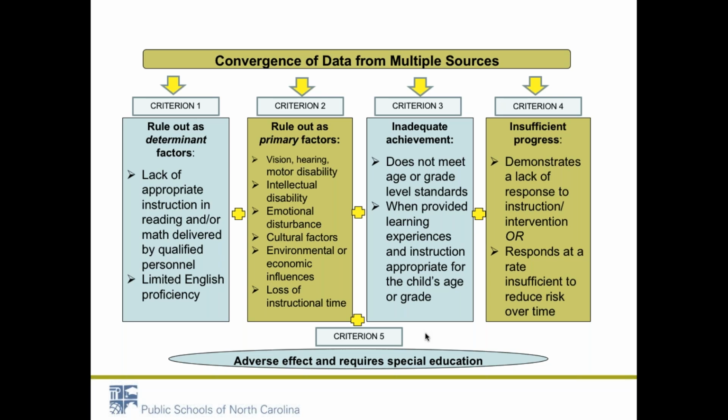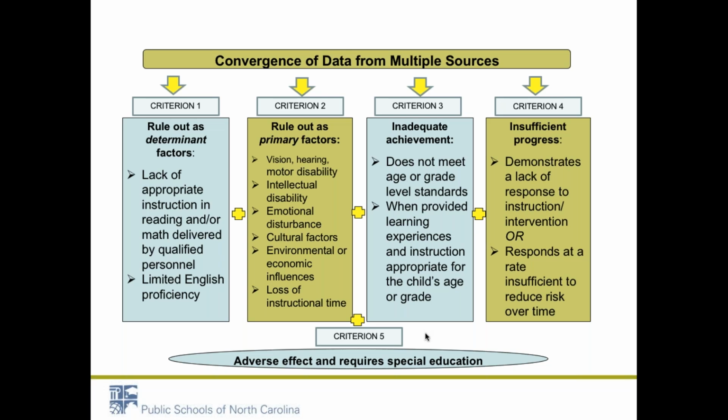The purpose of this criterion is to collect evidence that indicates a significant achievement gap exists even after the implementation of targeted and/or intensive intervention and after the provision of learning experiences and instruction that's appropriate for the child's age or grade.